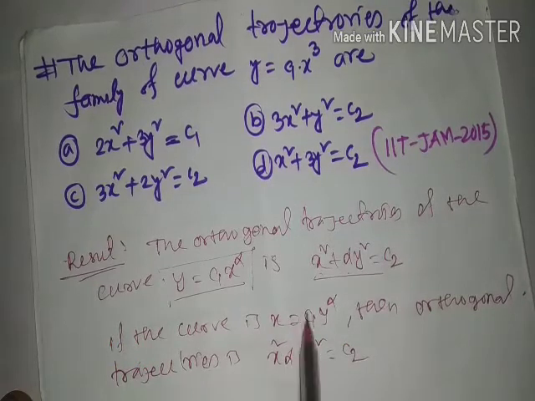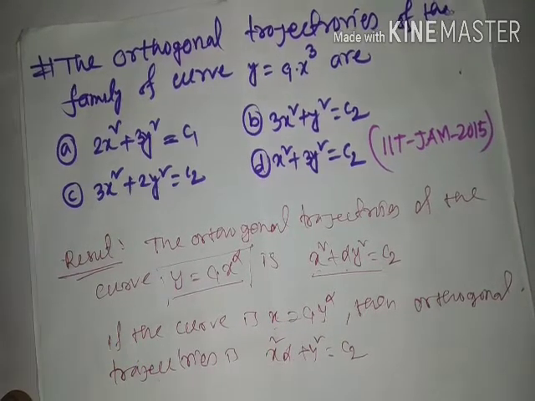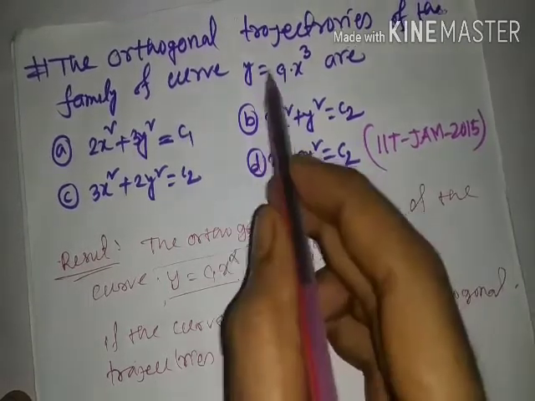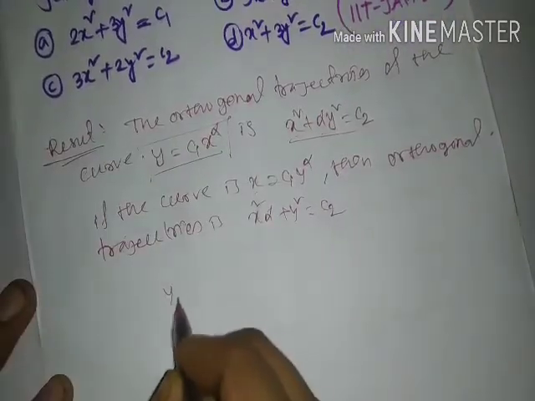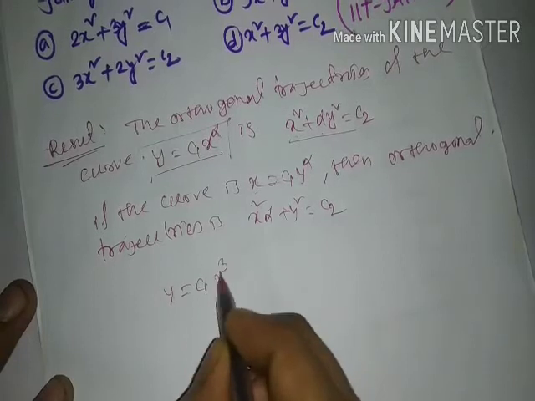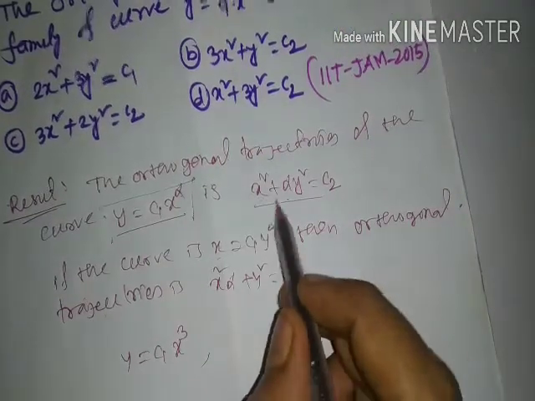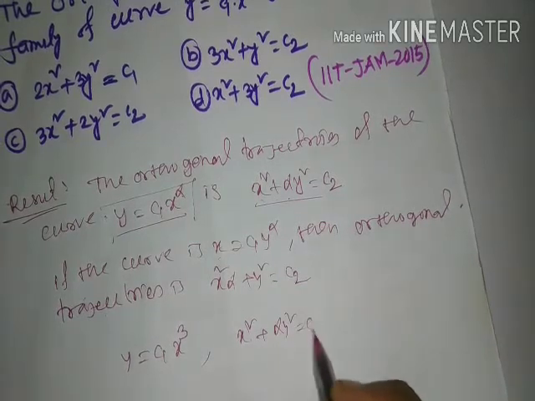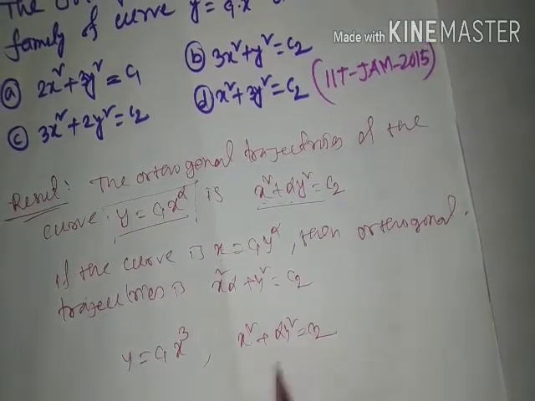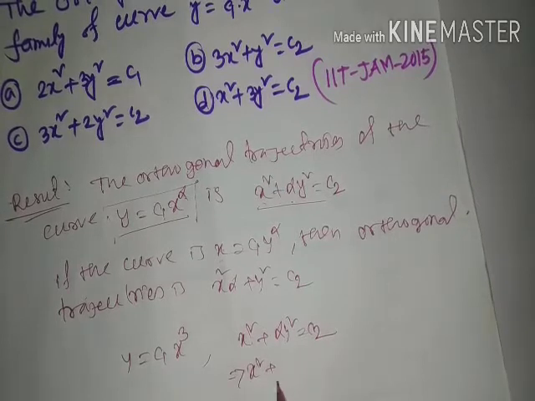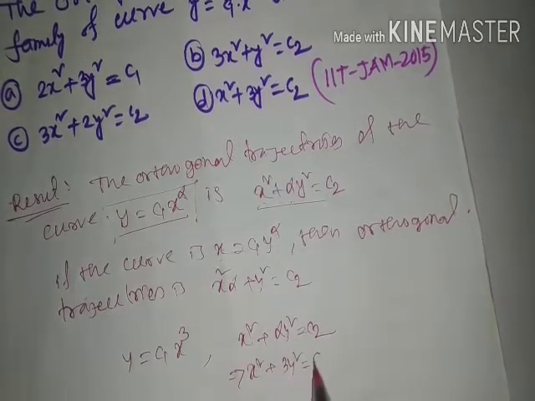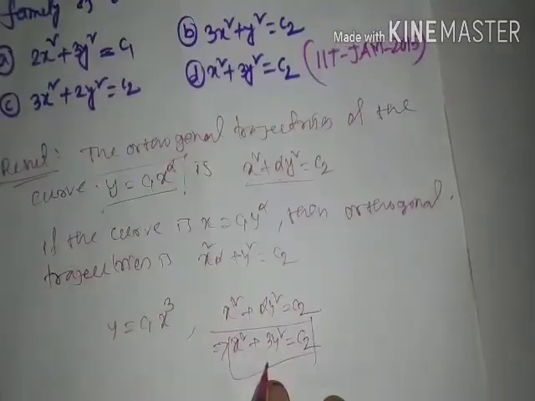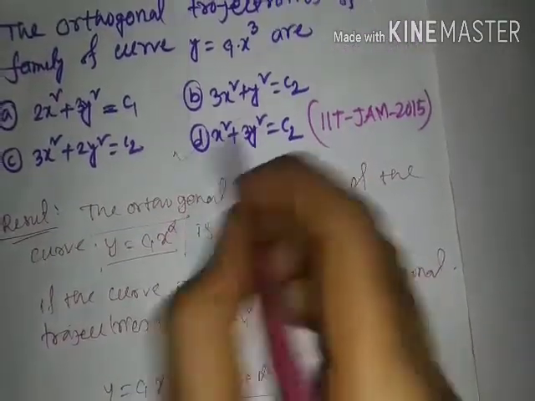If this is given, then we can also use it, but here alpha is 3, given y equal to c1 x cube. So the orthogonal trajectory is x square plus alpha y square equal to c2, but here alpha is 3, so x square plus 3y square equal to c2. So our correct option is option D.